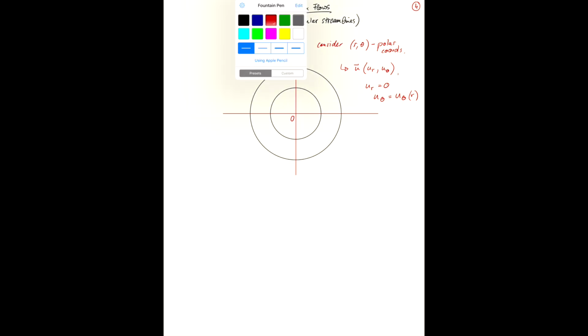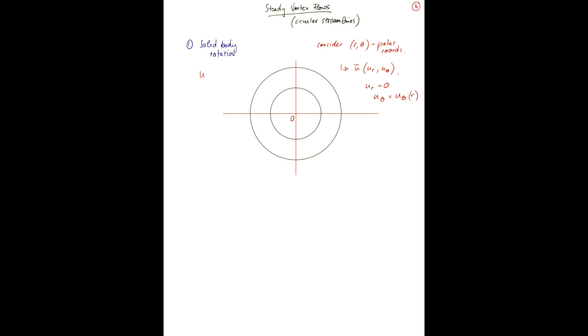So in the first case that we're considering here, number one, we'll consider solid body rotation. For solid body rotation, our flow field u theta is simply omega 0 r, and omega 0 is our angular velocity, and it's a constant. So we have a constant angular velocity.